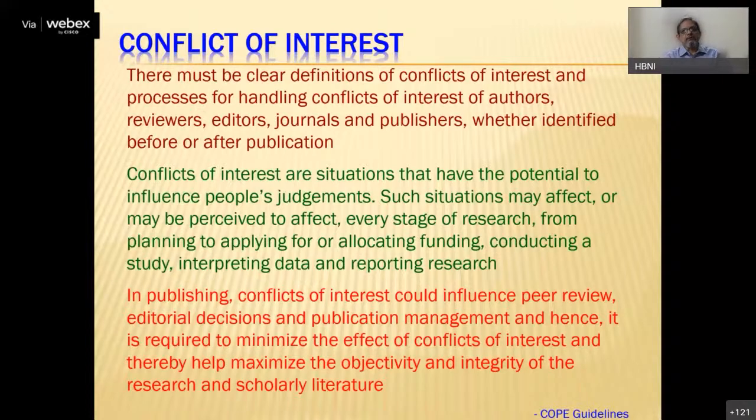And this conflict of interest could be identified before a publication or even after a paper has been published in the journal. So what are these conflict of interest situations? These are situations which have the potential to influence people's judgments. Such situations may affect, or may be perceived to affect. Okay? They can either affect or may be perceived to affect.